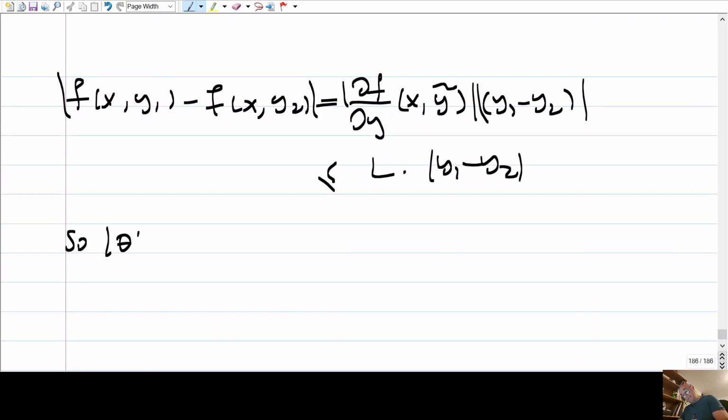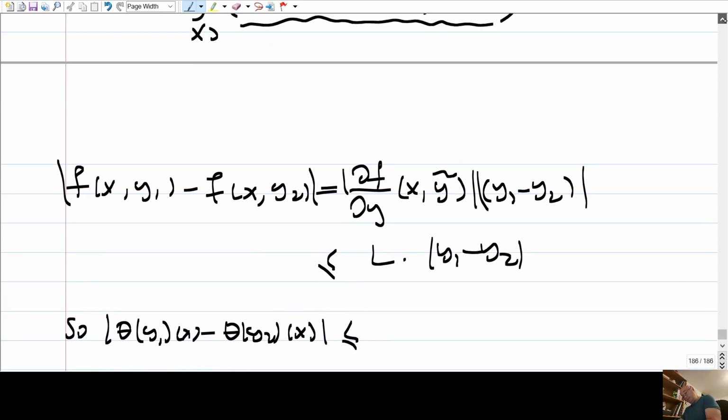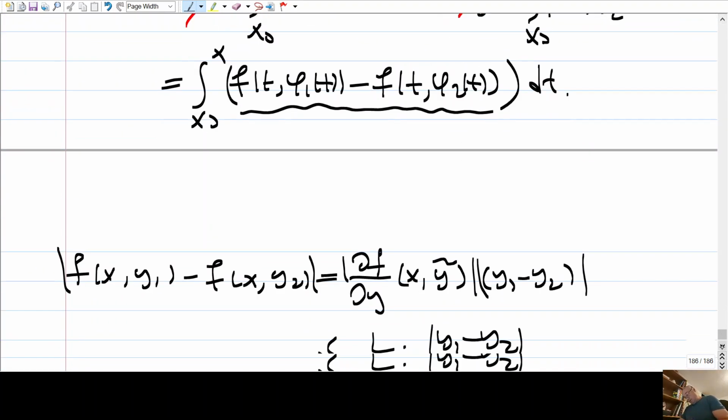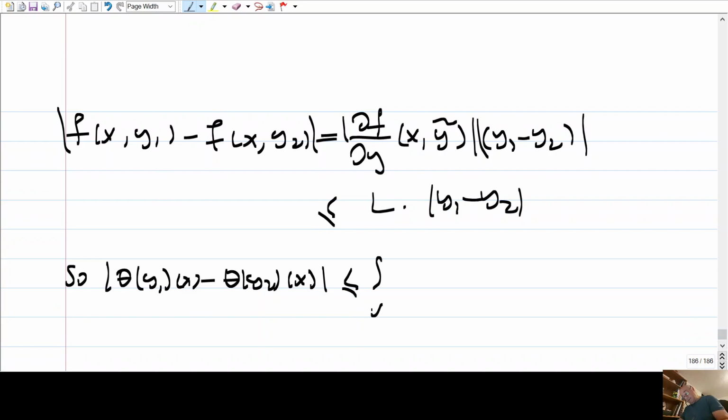So theta phi1 at x minus theta phi2 at x is less than the integral from x0 to x, but this gadget is less than L times y1 minus y2, that is, phi1 and phi2, not y1, of course.